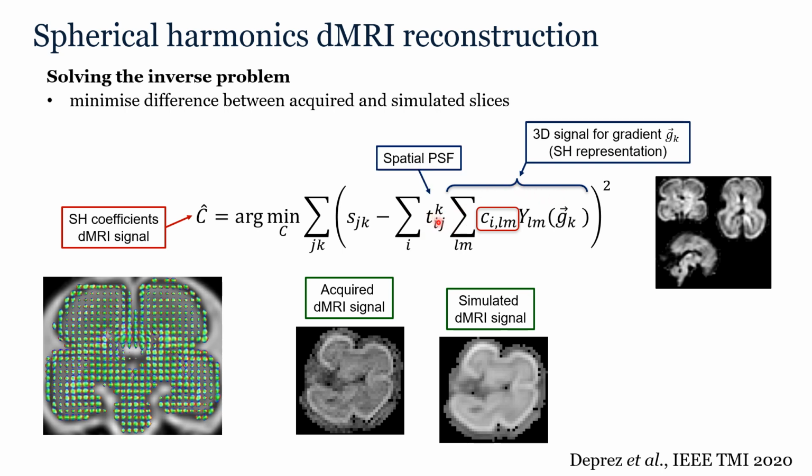Now if we apply the spatial point spread function, we will get the simulated slice, and then we can compare it to the acquired slice by minimizing the sum of square differences. And we can find the spherical harmonic representation, or these spherical harmonic coefficients, using iterative optimization methods such as gradient descent or conjugate gradient descent.